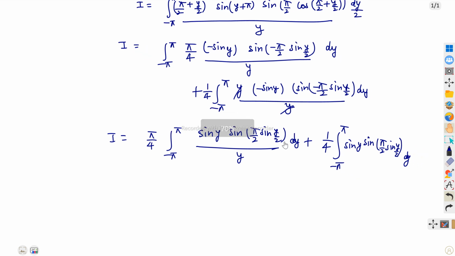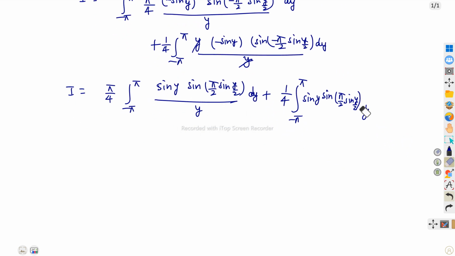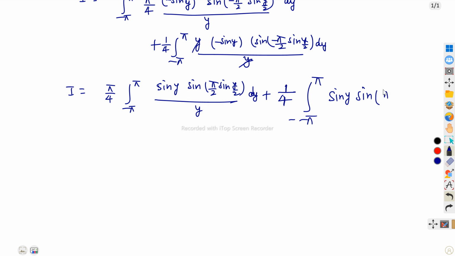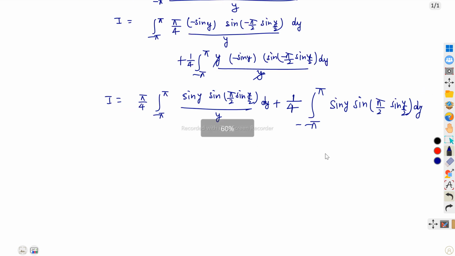So again, we write it more clearly: this is 1 upon 4 from minus pi to pi of sine y sine(pi by 2 sine(y upon 2)) dy.